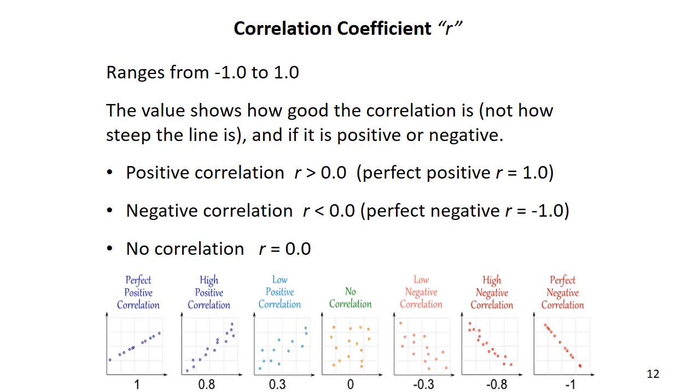Okay, so something to keep in mind is that the numerical value shows how strong the correlation is, right? So a really, really strong correlation will be a high number. And don't think of negative numbers as being low in this case.